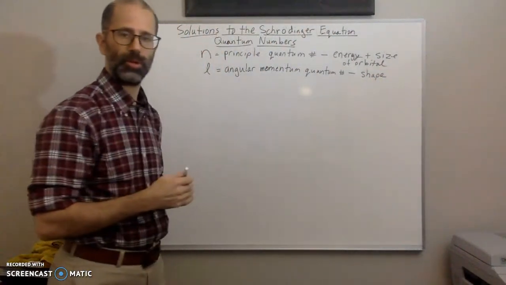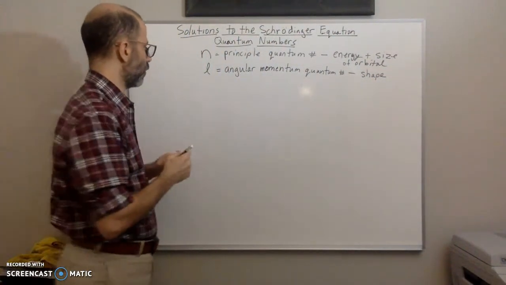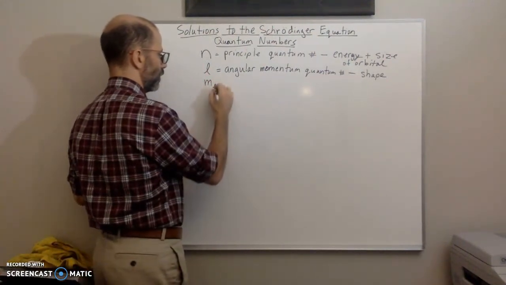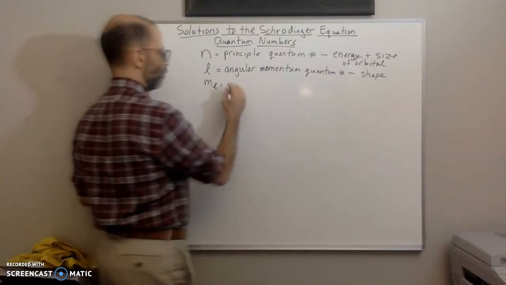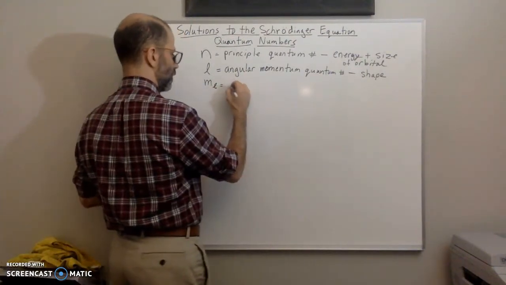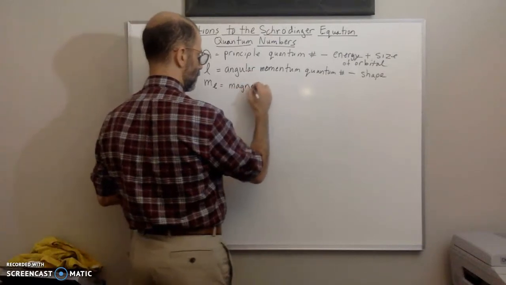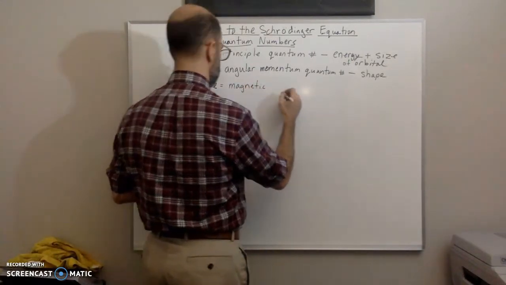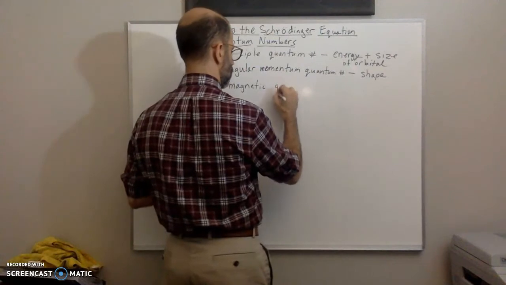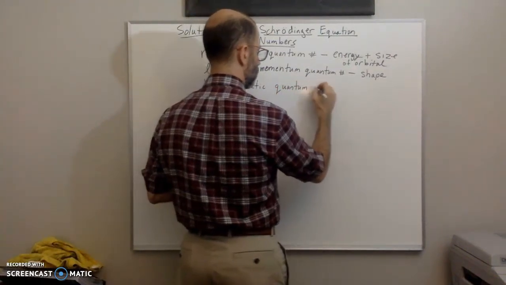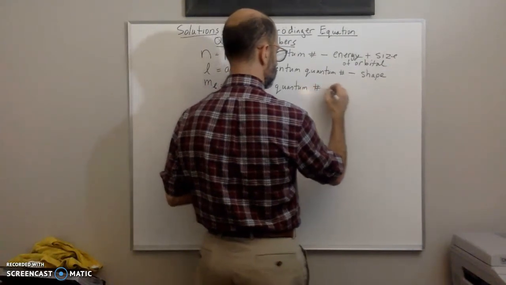The third one is going to be m sub l, and this is referred to as the magnetic quantum number.